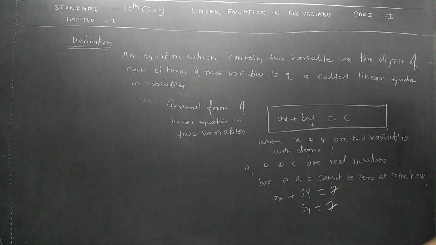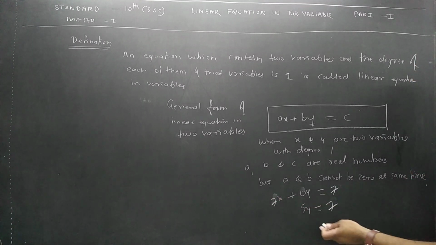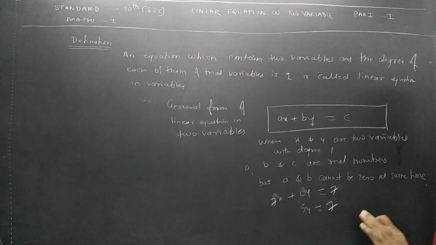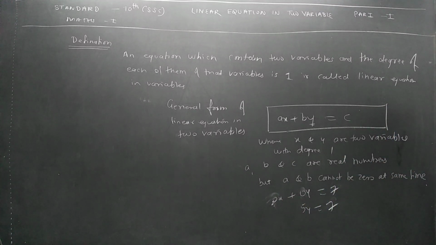So if anybody asks me, is it a linear equation? I'll tell yes, it is a linear equation. Suppose you write this as 0 and this as 7, is it a linear equation? Yes, it is. But 0x plus 0y is equal to 7? Not possible. Have you understood this? So this is the general form of linear equation in two variables.